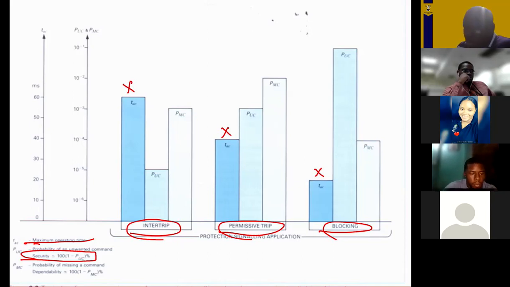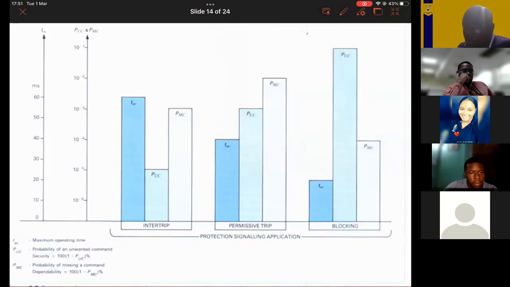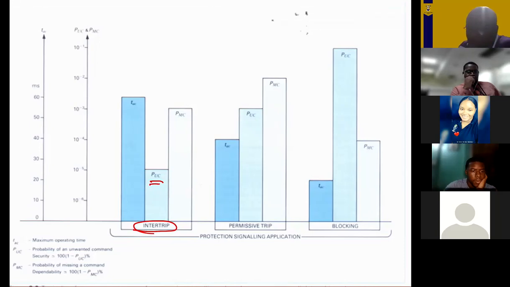All right. So in terms of operation, your blocking scheme would operate fastest. Now, we start with the intertrip. What this is saying is that with PUC low, that is receiving an unwanted command, with that being low, what it means is that the security here would be high.